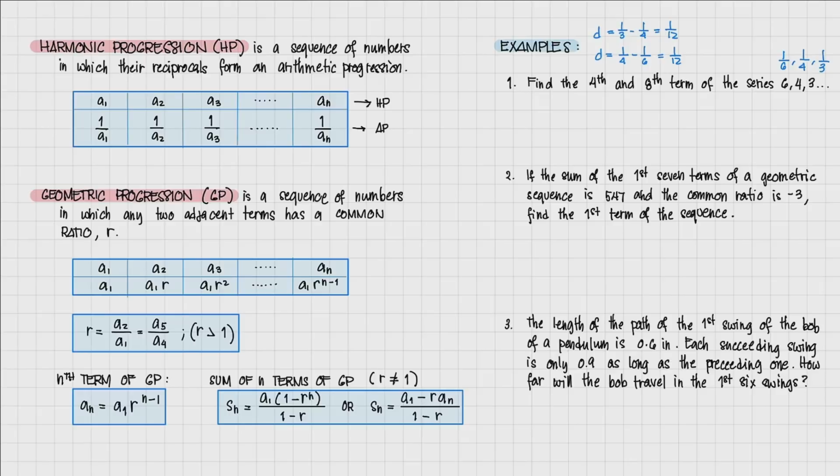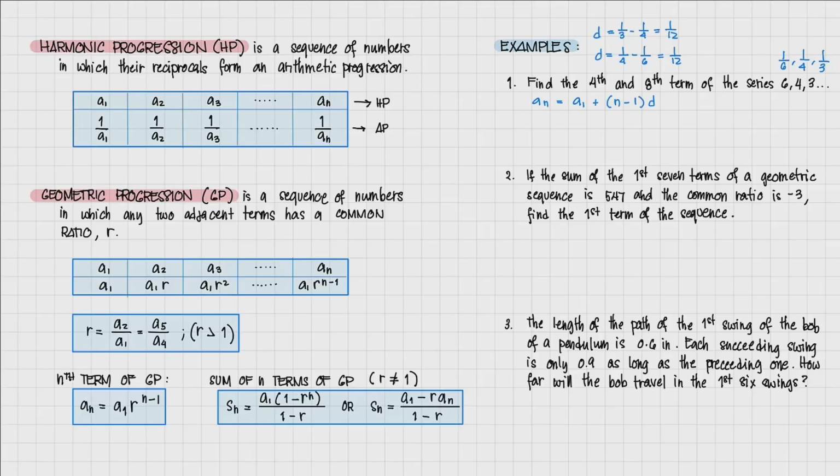Now we're going to use the formulas that we used in arithmetic progressions, specifically solving for the nth term of your AP, which is this one. An, or the nth term, is equal to the first term plus n minus 1 times d, right? But when you're using this for harmonic progressions, you're going to use the reciprocals.